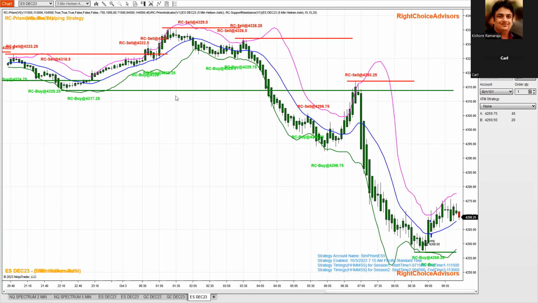Otherwise, you can just use the timings in the Excel sheet. You can connect to 10 or 20 different brokerages at the same time using NT. For example, you can connect to Coinbase, forex.com, Thinkorswim, like that. They have some 10, 20, you can connect to all of them.